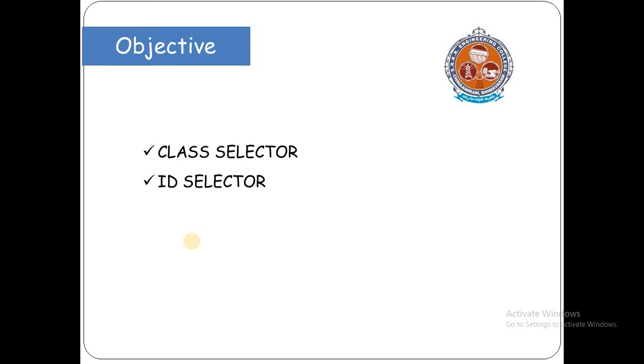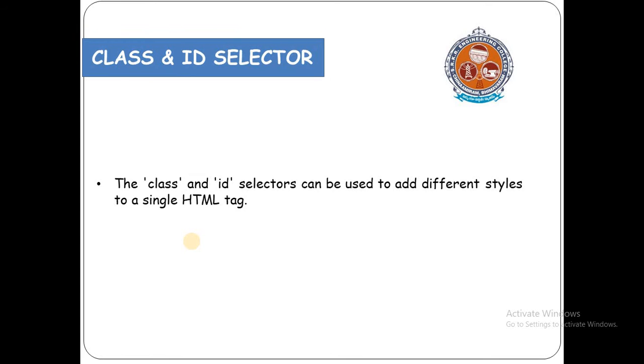Or, with six paragraph tags, you want to apply some properties to three of them and the remaining different properties to the other three. Class and ID will be very useful for that type of situation. So simply, class and ID selectors can be used to add different styles to a single HTML tag.